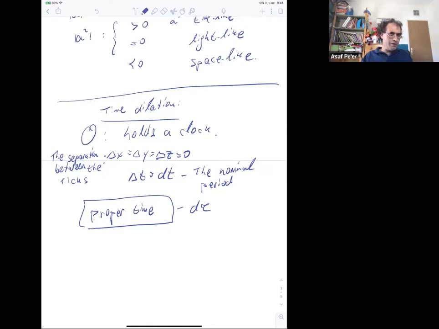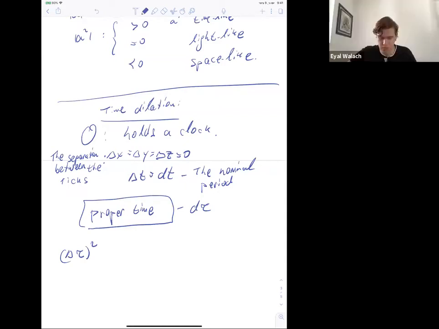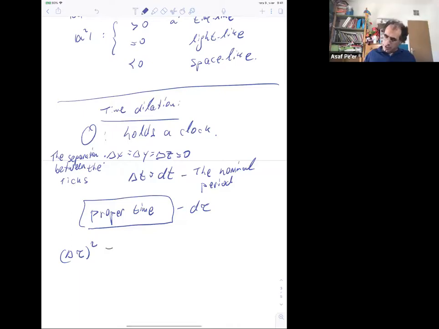Now remember the definition of the interval, which we had above. So we can write down delta tau squared. I just want to make sure I haven't mixed the signs. No, I have not, I hope. This is just the interval divided by c. I'm still putting the c just to get you less confused, but as you know, in natural units c is equal to 1.